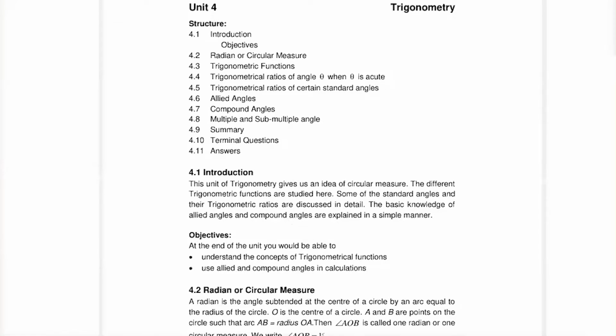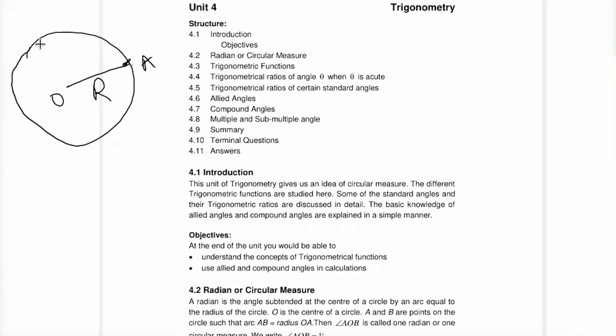Suppose let's take a circle with a radius r, and let's say its center is O, and this radius is OA, and take another point, let's say B, and then we join OB.